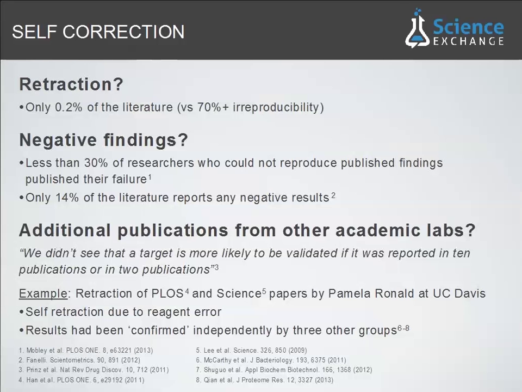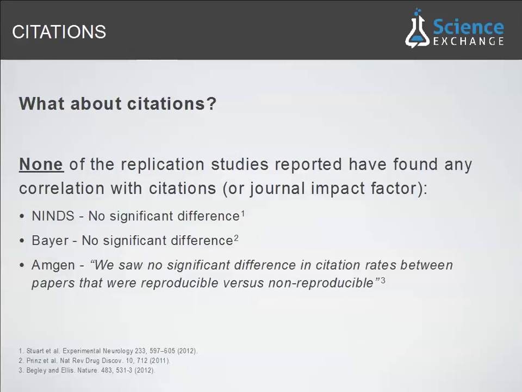Another indicator of reproducibility, or at least quality, is citations. And this has been used as a basis for measuring the impact of published results. However, none of the replication studies reported any correlations with citations or a related indicator, journal impact factor. So the NINDS studies found no significant difference.